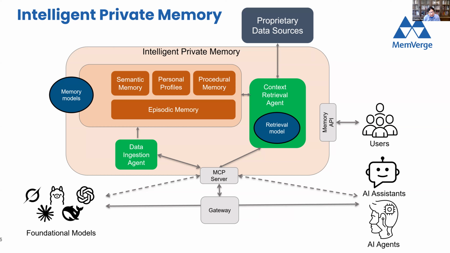What can also be extracted from these episodic memories and semantic memories are the personal profiles. For each user ID, each group ID, you can have certain characteristics, certain properties associated with them, and that will be helpful in future queries from those users or from those groups. And then last but not least, there are the procedural memories.